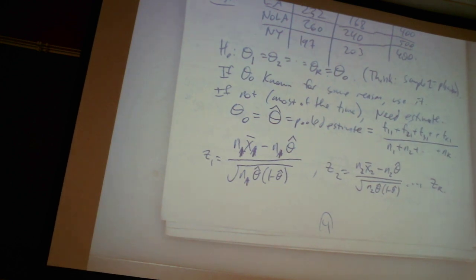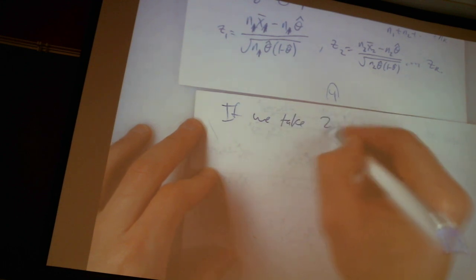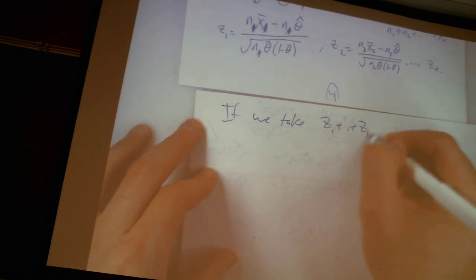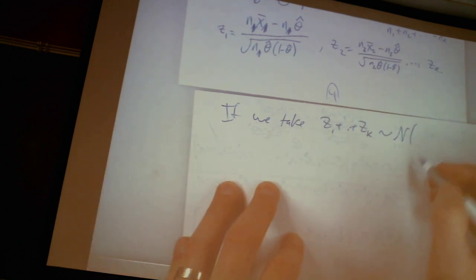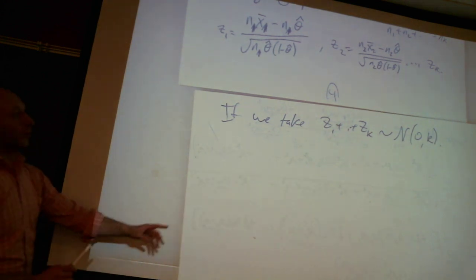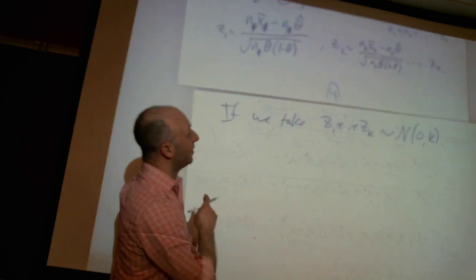If we take the sum of the Gaussians, we get something that's distributed like normal; each one was normal with variance 1, now we have normal with variance k.